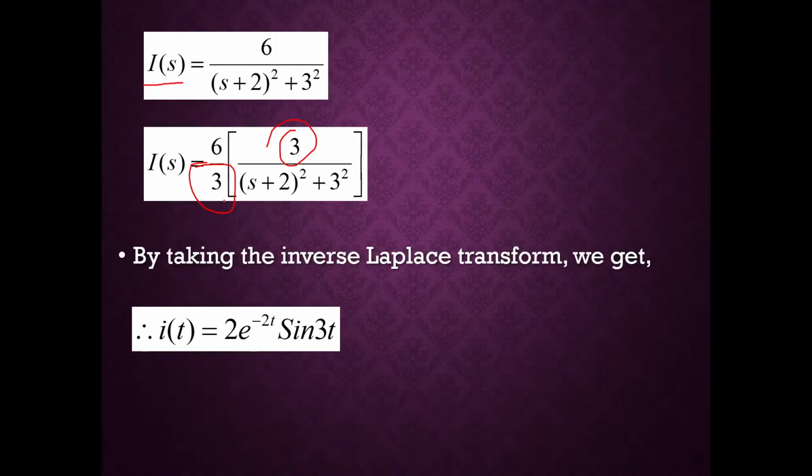So I of S is equal to 6 by 3 into 3 by S plus 2 whole square plus 3 square. If we take the inverse Laplace of the above equation, you will get I of t is equal to 2 e power minus 2t sine 3t.